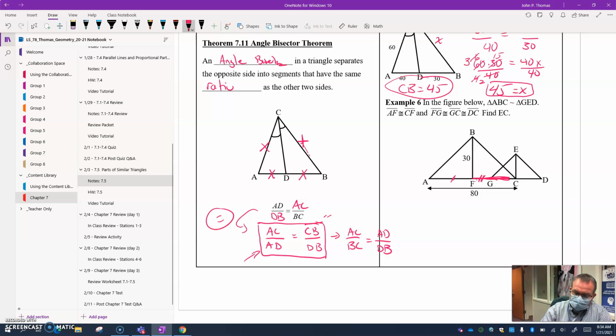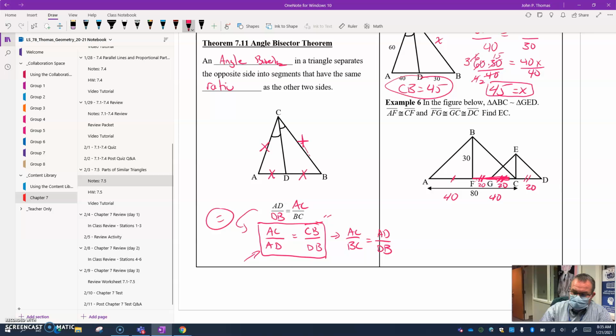So they've told me this piece and this piece are congruent. And they've told me that DC is the same as those, so that's here. All right, so first thing I'm going to do is get some of these sides that we don't have. It's 80, so we've got 40 and 40. That 40 switches to a 20 and a 20, and then the congruence tells us that's a 20 as well.